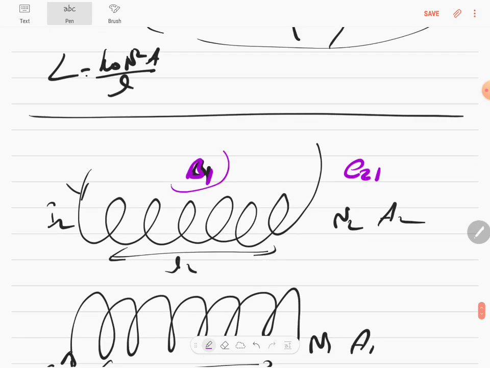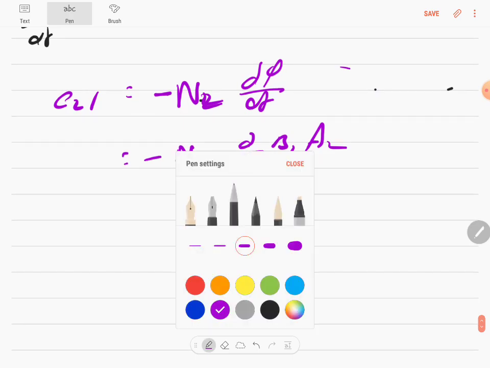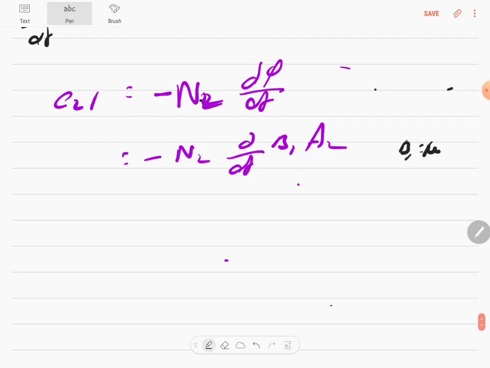Because the magnetic field is B1, everything else is the details of the second coil. Are you clear? What is B1? μ0 into small n1 into I1, where small n1 can be written as capital N1 by L1.